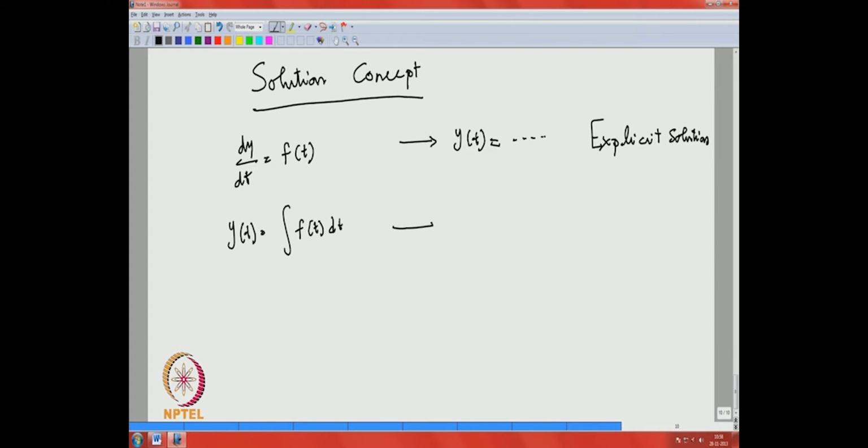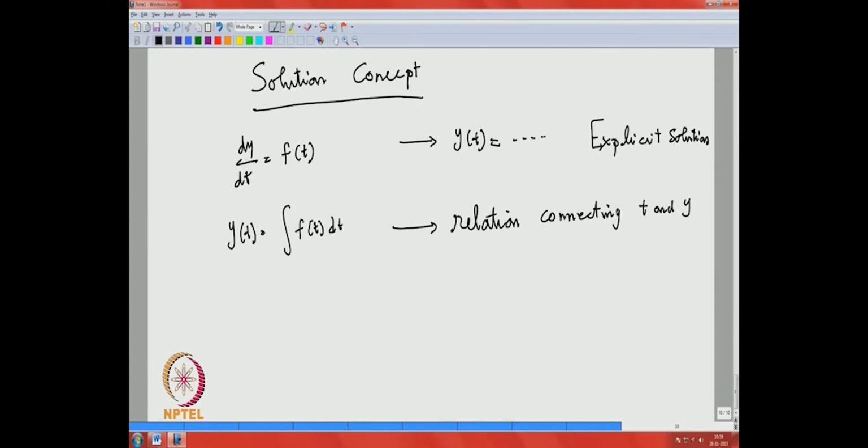What you may get is a relation connecting t and y. Even this may not be possible, that is why I said solution concepts are different.